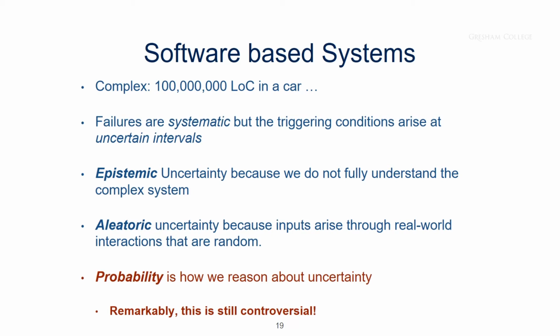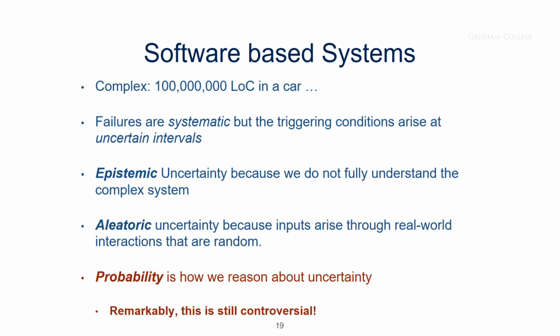We have two types of uncertainty. We have epistemic uncertainty, an uncertainty of knowledge because we don't fully understand the complex system, and therefore we don't know whether a particular set of circumstances will cause the system to fail.